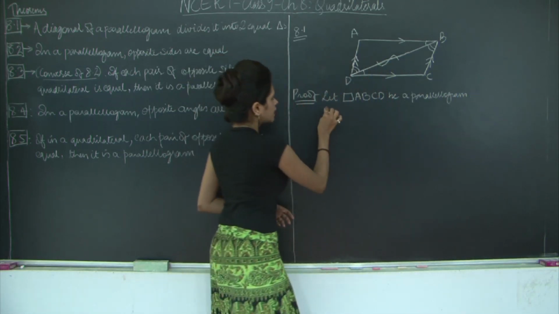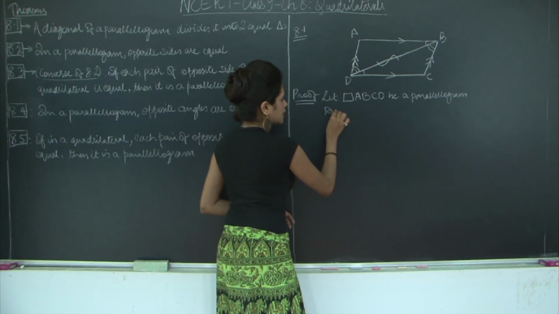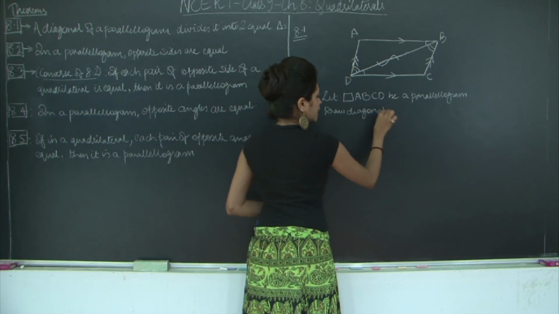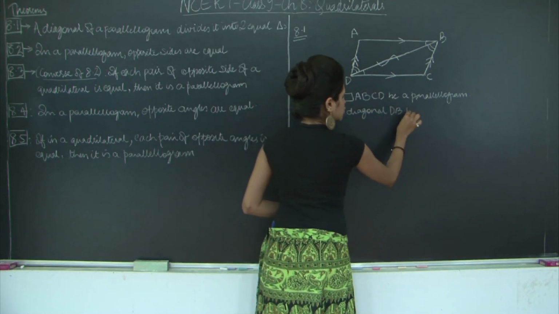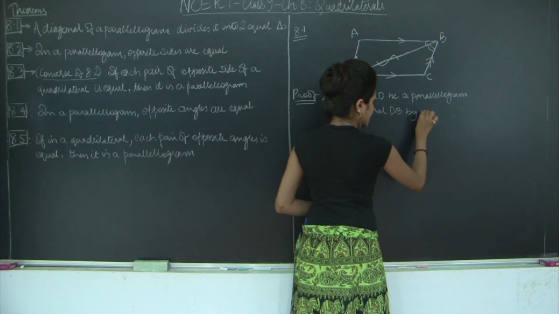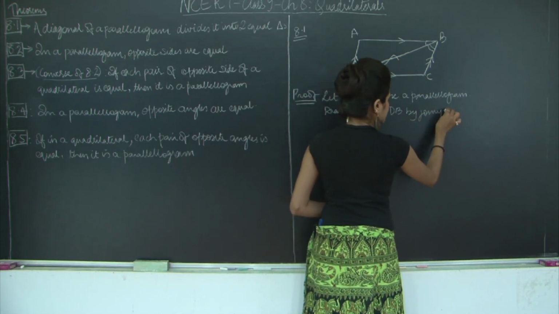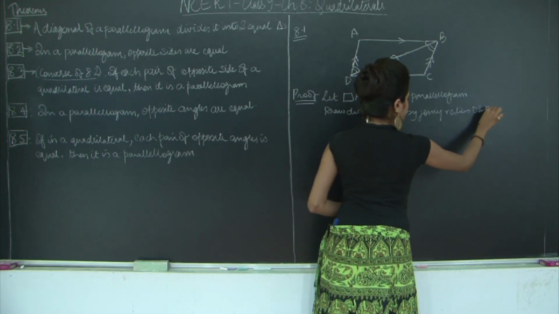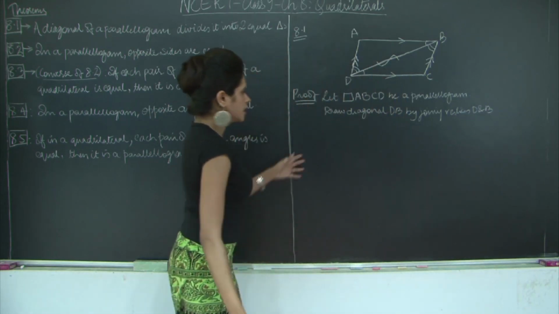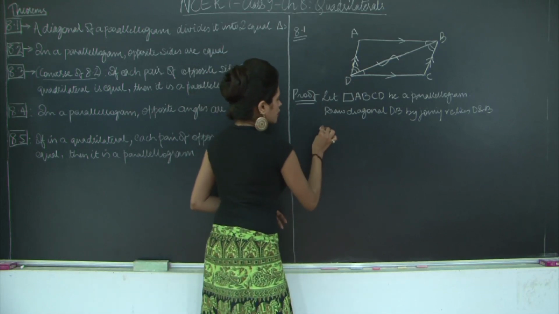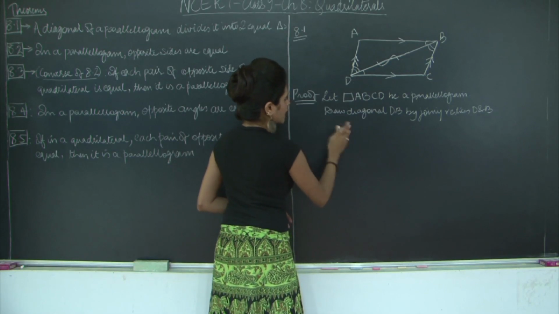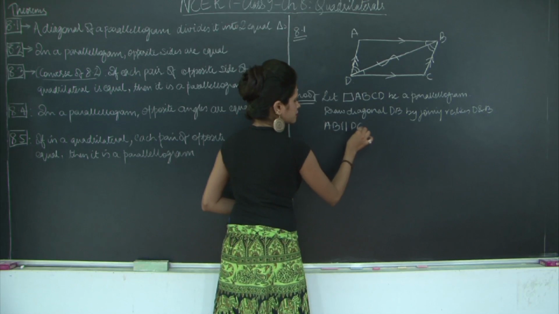And draw diagonal DB by joining vertices D and B. Now, in triangle, first of all I'll say AB is parallel to DC.